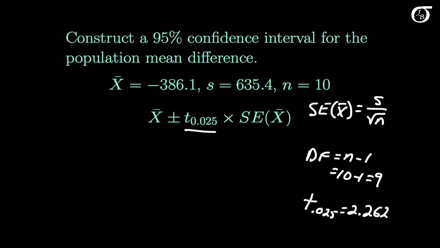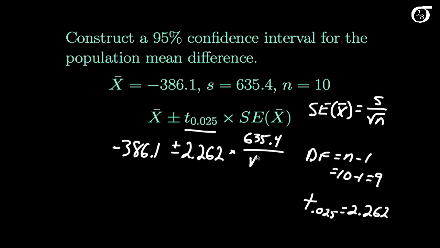So now we can calculate our interval. Our interval is going to be minus 386.1 grams plus and minus 2.262 times the standard error, which is made up of the sample standard deviation of 635.4 over the square root of n, which is 10.